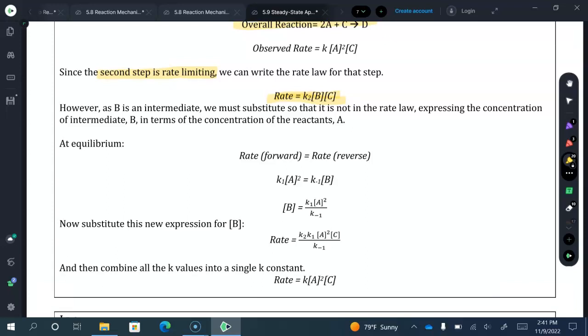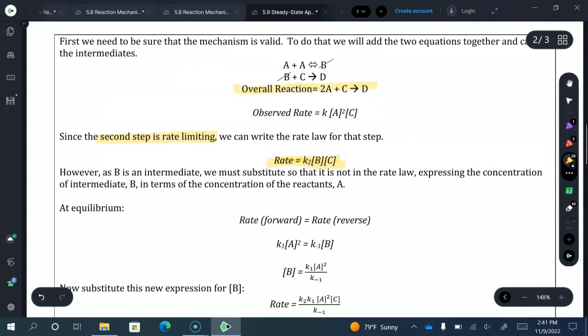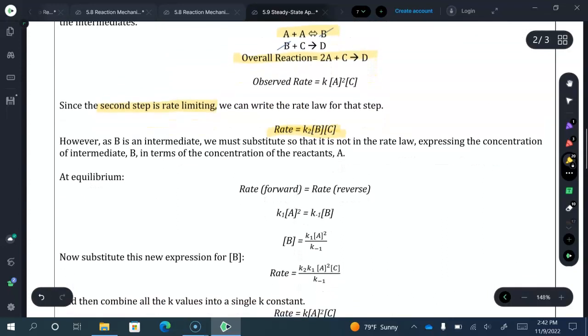We need to switch it out so that it is not in the rate law by expressing the concentration of intermediate B in terms of the concentration of the reactants. We can do that using the first step here. We know that because it's at equilibrium, the forward rate is equal to the reverse rate.